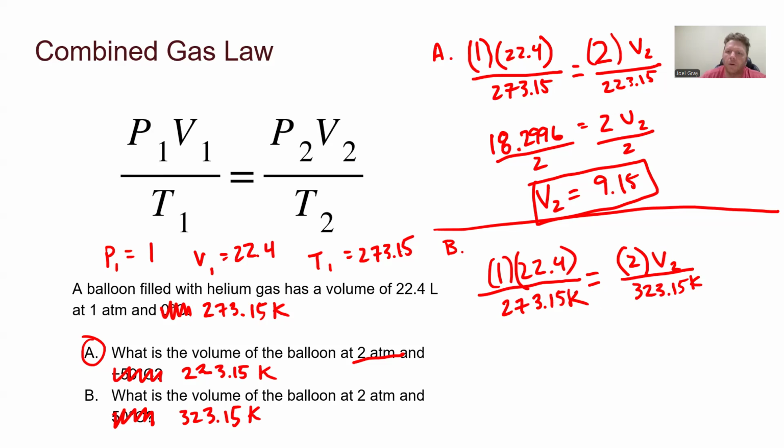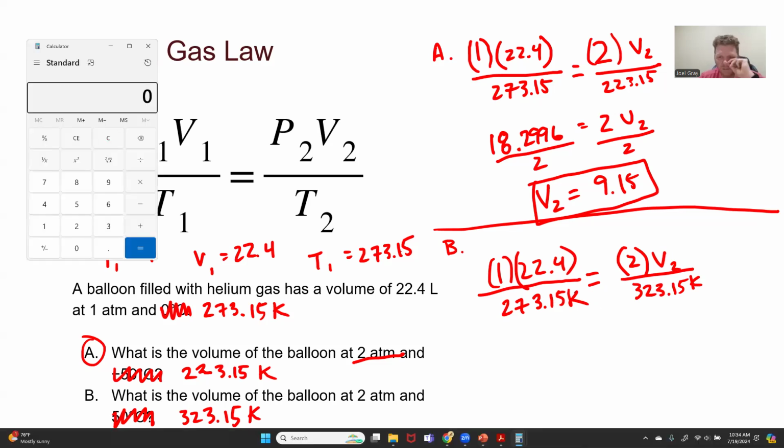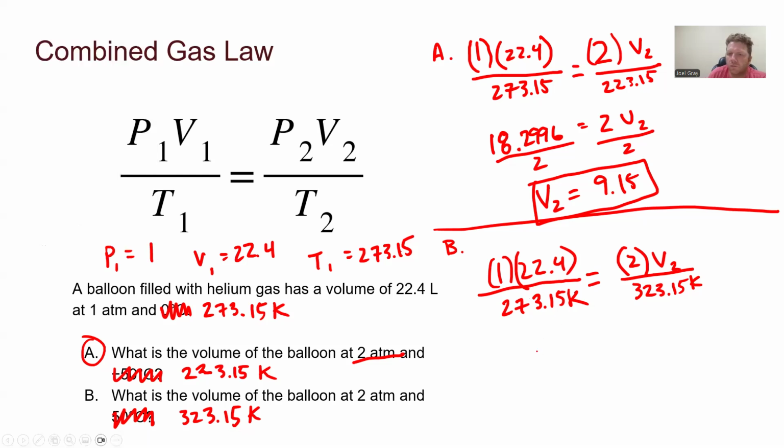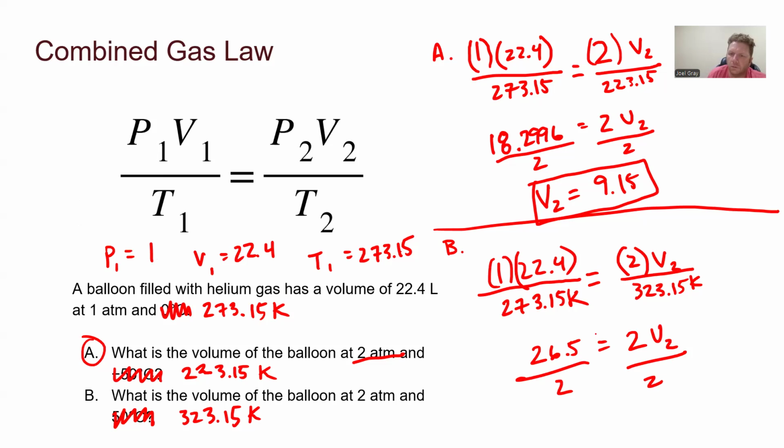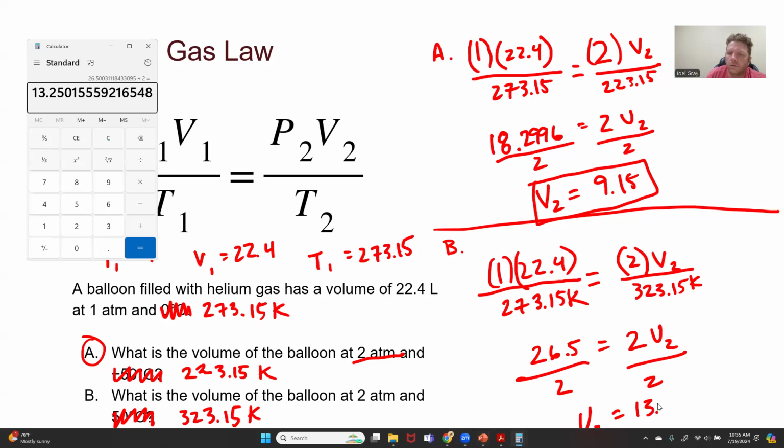Okay, so now we're going to do 1 times 22.4 divided by 273.15. Same number, times 323.15. Now I've got 26.5 equals 2 times V2. So divide by 2, divide by 2, V2 is 13.25.